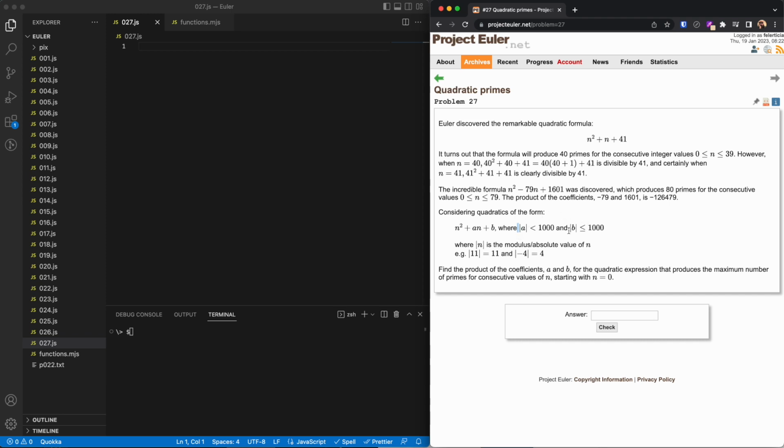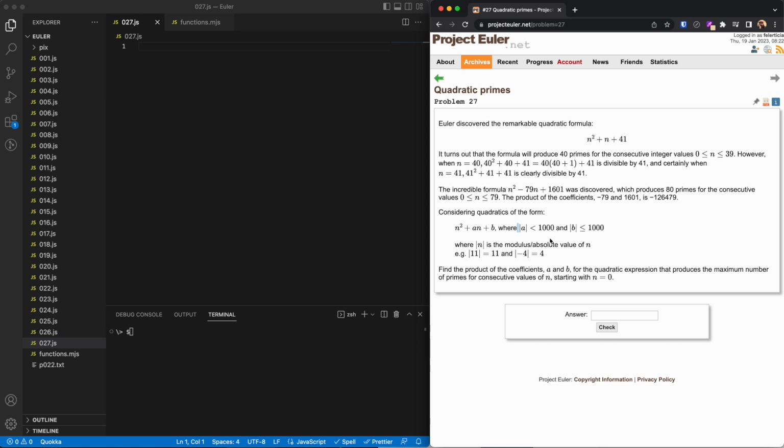Then for each pair of a and b in that for loop, we would get the length of the primes that they provide, and we check if that length is bigger than the length that we have already found. Then we would substitute a and b as the values that are biggest right now, and otherwise we would go to the next one. So yeah, that would be pretty much it.